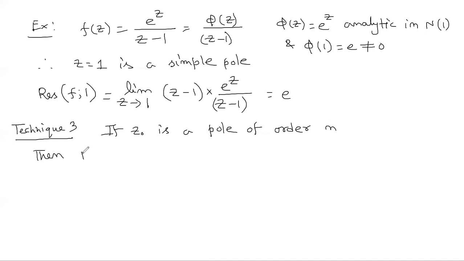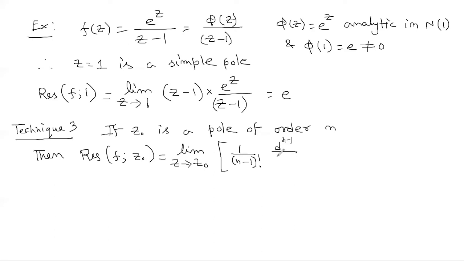Then we can calculate the residue as the limit z tends to z0 of 1 by (n - 1) factorial into the (n - 1)th order derivative with respect to z of (z - z0)^n into h(z). So we have to compute this expression to get the residue of the function f at the point z0.